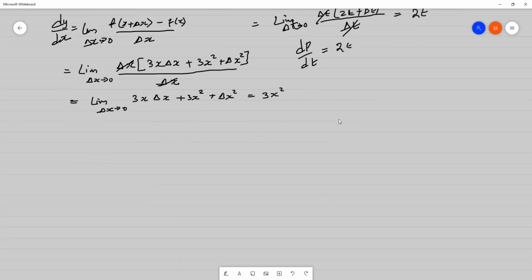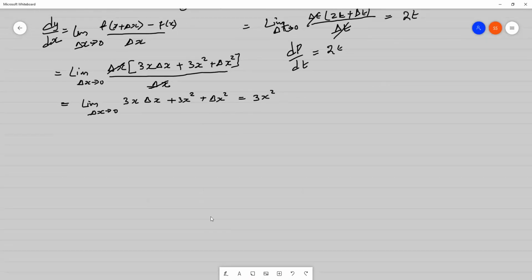So when y is, in the first problem it was p, but I'm writing it as y. When y is equal to x squared, dy by dx was 2x.